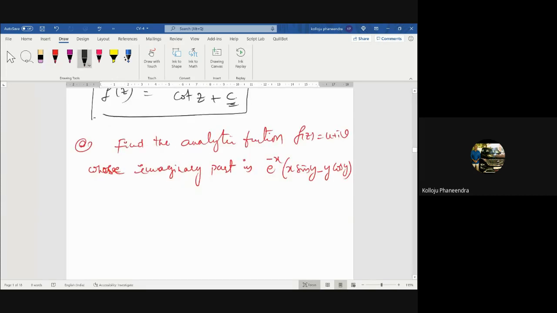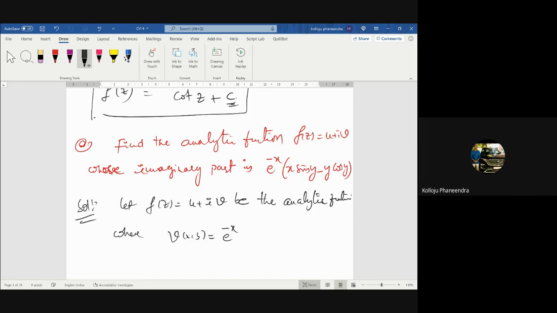Solution. Let f(z) equal to u plus iv be the analytic function. Whenever an analytic function is given, CR equations must be satisfied. The imaginary part is given, v(x, y) equals e to the power of minus x into (sin y minus y cos y).